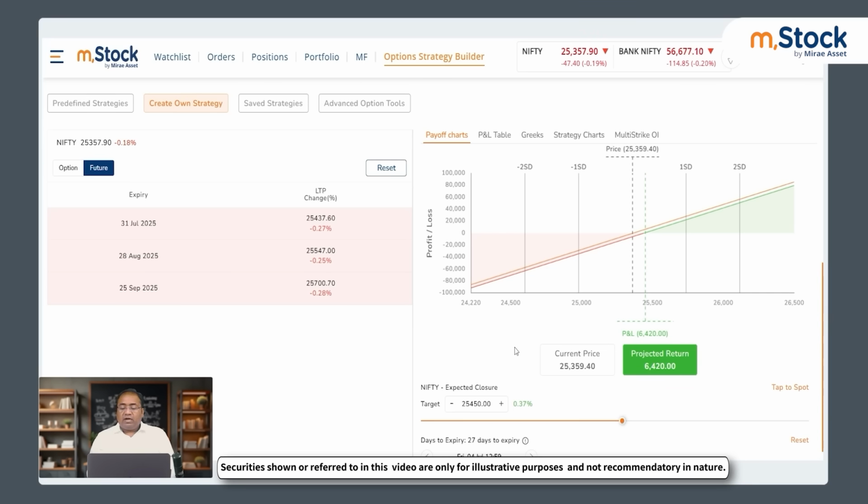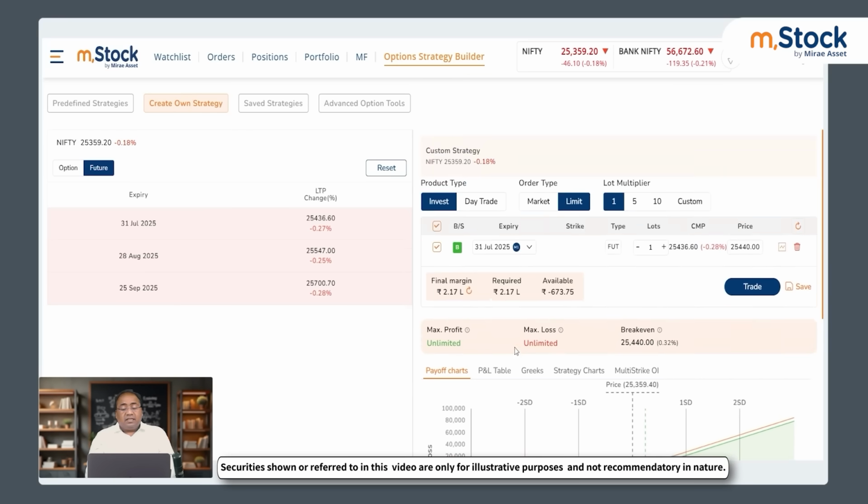Now if you have judged the right moment and everything correctly, and you are able to gain 100 points in Nifty, then this 6,400 rupees on this capital of say 2,17,000 is almost 3% return. But everything comes with a catch, right?